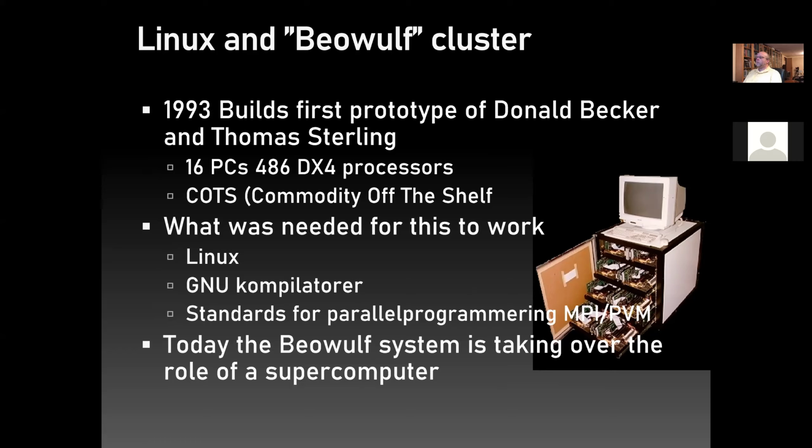Basically, all the supercomputers today use this architecture. A supercomputer like Lunarc is just a bunch of Linux servers connected together in a network, with a queuing system that controls access, communicating over an InfiniBand network. Basically, it's the same architecture that Donald Becker and Thomas Sterling created in early '93.